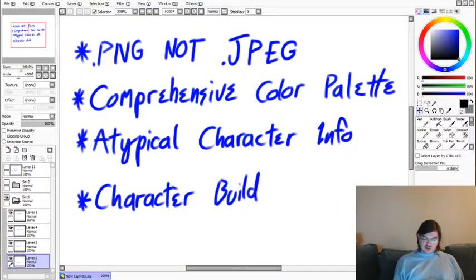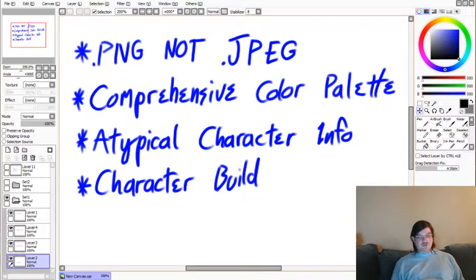Okay, and character build is next up. Now, by character build, I mean the body type. Like, if your character is muscular, you want to make sure they appear muscular. If they're feminine, you want to make sure they appear feminine. If you are not able to achieve that aspect with drawing, you want to make sure to write it on the character sheet.